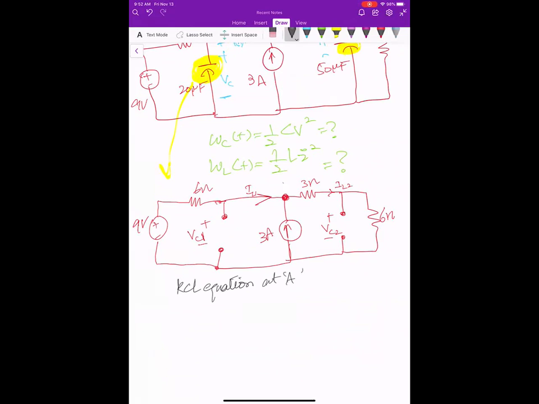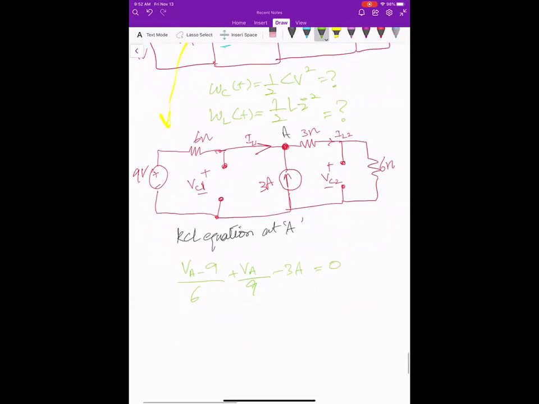So this node is A, okay? So let's try to do that. So (VA minus 9)/6 plus VA/9 minus 3 amps is equal to 0, right?